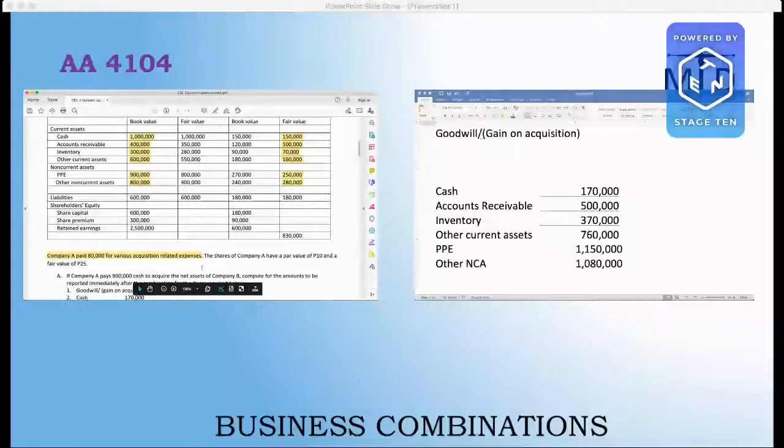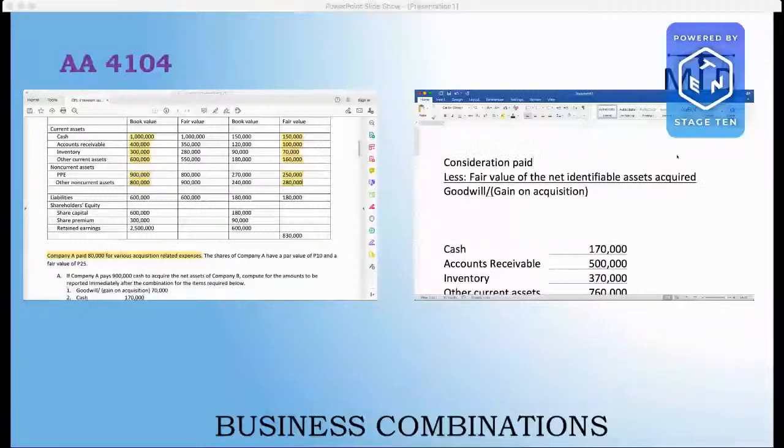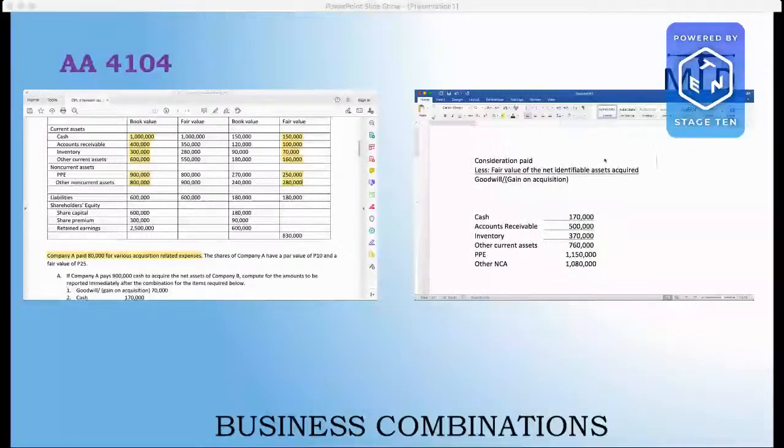And the consideration, as I've told you, is normally given directly in the problem. And in this case, it is 900,000. So going back to our formula, class, if consideration is 900,000, all we have to do next is to look for the fair value of the net identifiable assets.